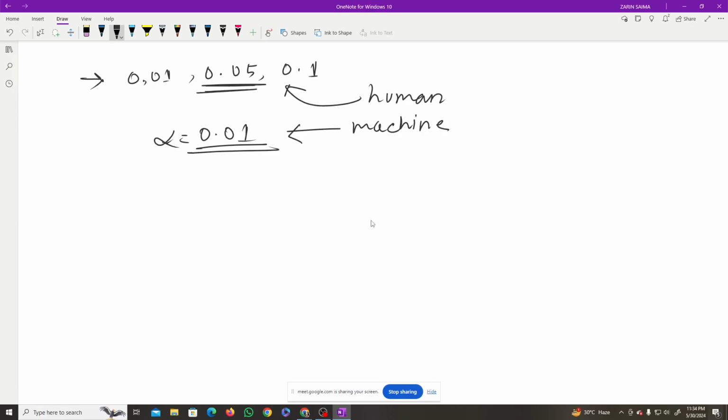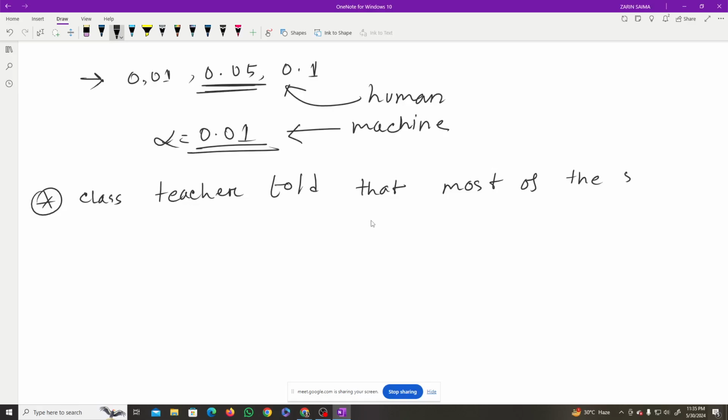Okay, so suppose your class teacher told that most of the students got 70% in their stat exam. So let me write the example that class teacher told that most of the students got 70% in their stat exam.